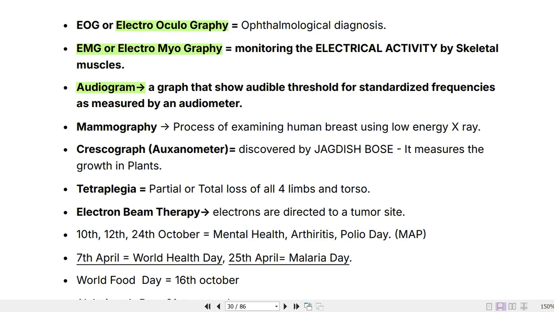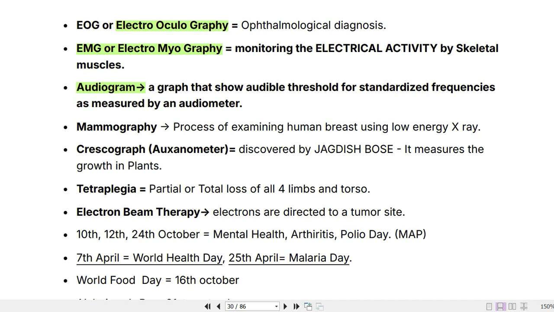Let's say a sound wave of frequency 100 hertz has a certain decibel intensity level, and a sound wave of, let's say, 1700 hertz has a different decibel intensity level. When you plot across the frequency range, you get a graph. That is what is plotted by the audiogram.